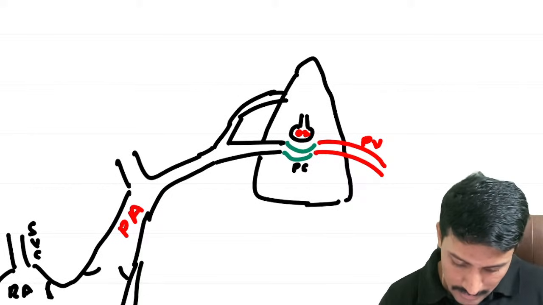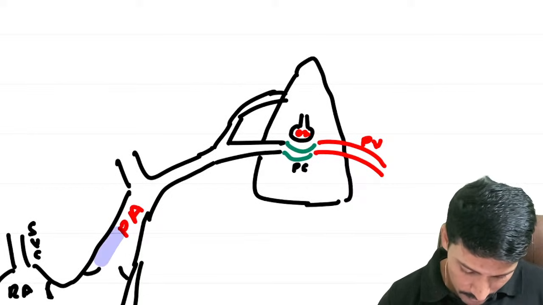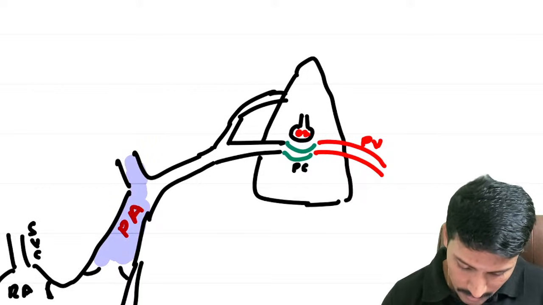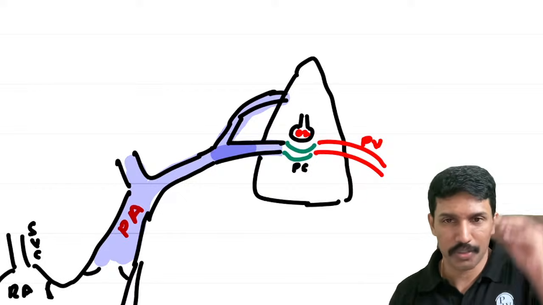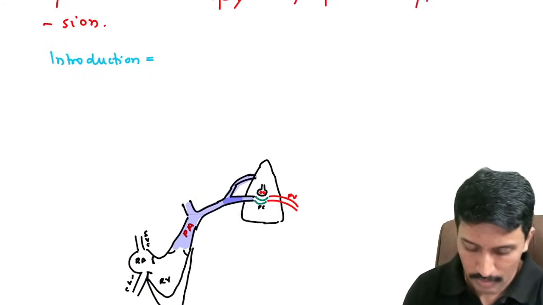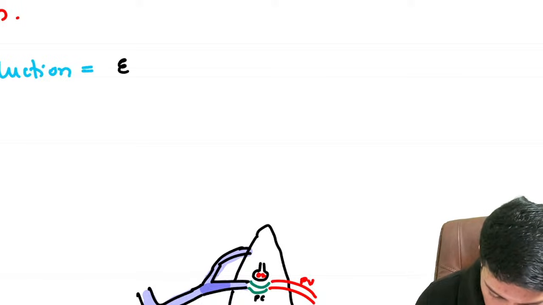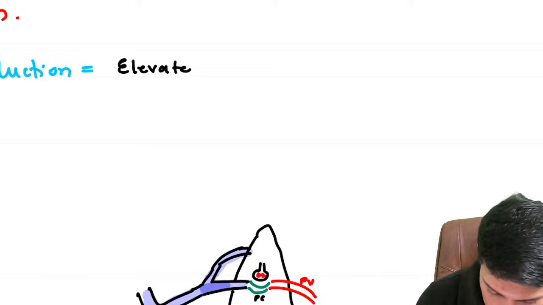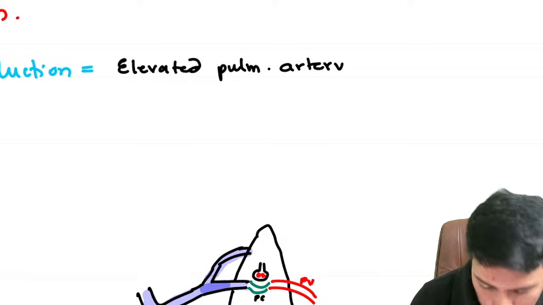So if there is increase in the pressure in this pulmonary artery, we will call it pulmonary hypertension. Elevated pulmonary artery pressure, that is a basic introduction.